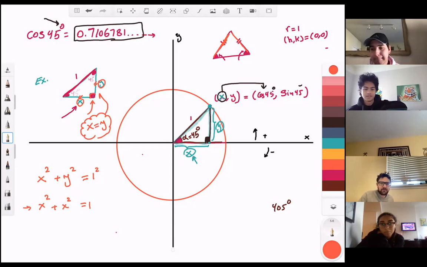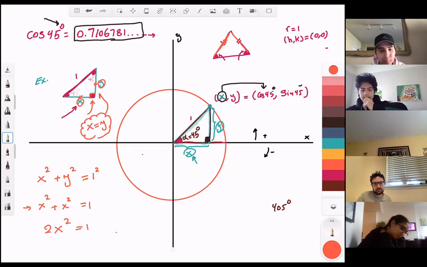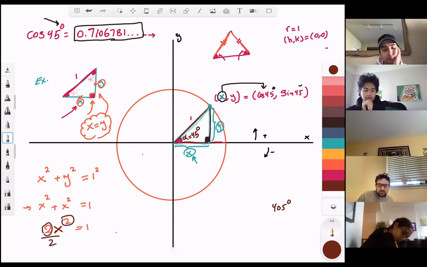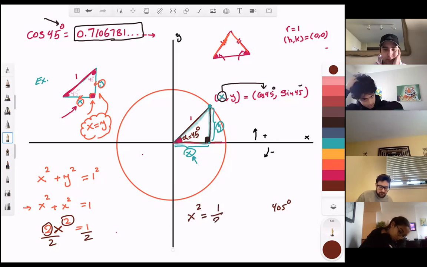Okay. Can I add them? Can I say there are 2x squared equal to 1? Good. X squared plus X squared is 2x squared. We are looking for this X. I need to get rid of this 2. So I'm going to divide by 2 both sides. Then we get x squared equal to 1/2.